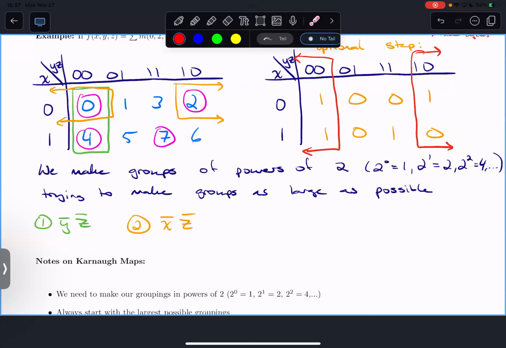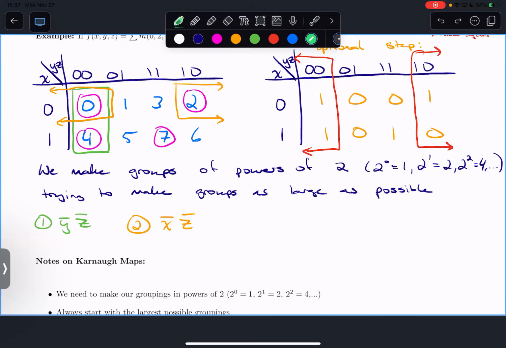And your groups are going to be groups of 1, because if you have something like this, there's no way you could lump this with anything. 2, 4, 8, 16. And those are your grouping options. So you're not allowed to go on the diagonal, for example, though tempting.